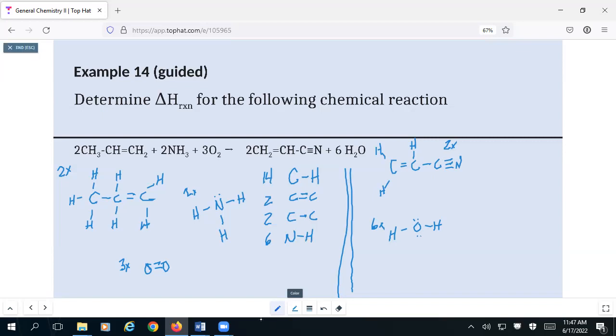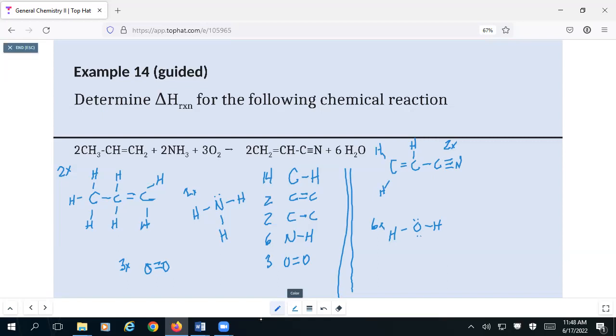And in the oxygen, I have 1 oxygen to oxygen double bond, but there are 3 of them in total. That is a summary of all of the bonds on the reactant side.